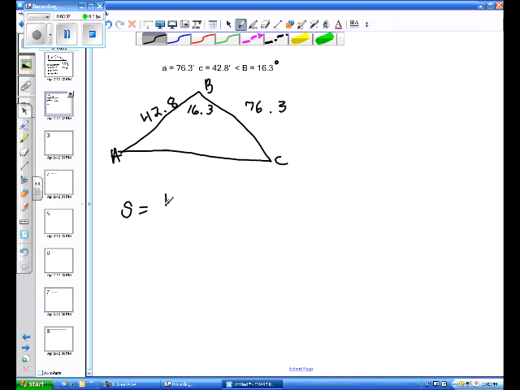It's equal to 1/2 the product of the two sides times the sine of the included angle.